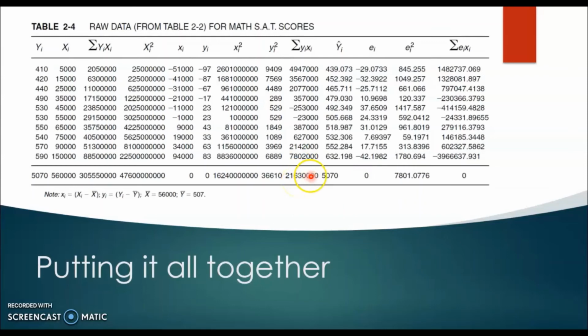Moving to the next column, here we have the y hat. Y hat is the estimated or predicted value of the dependent variable.